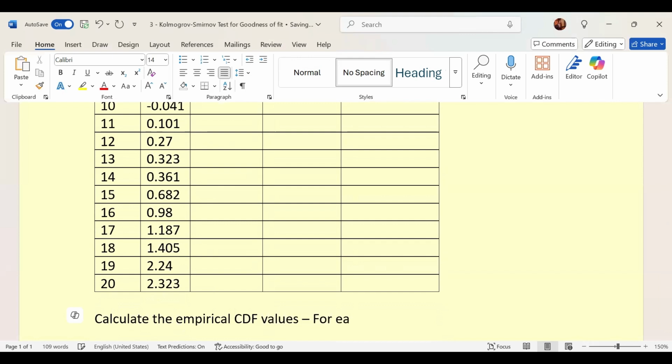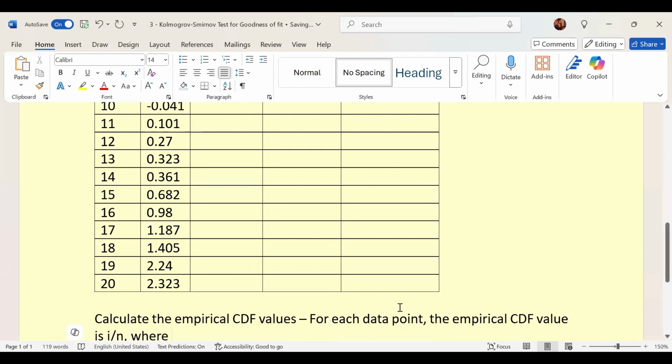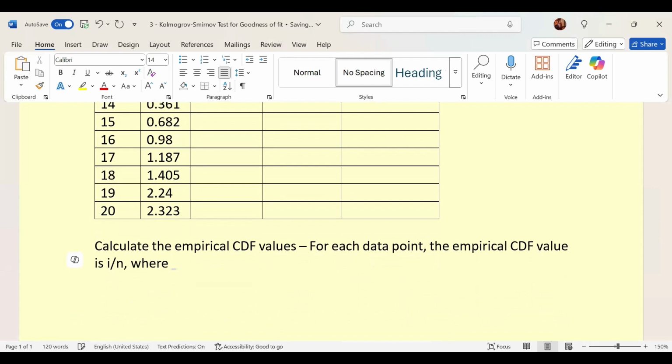For each data point, the empirical CDF value is i divided by n, where i is the position in the sorted list, and n is nothing but 20.